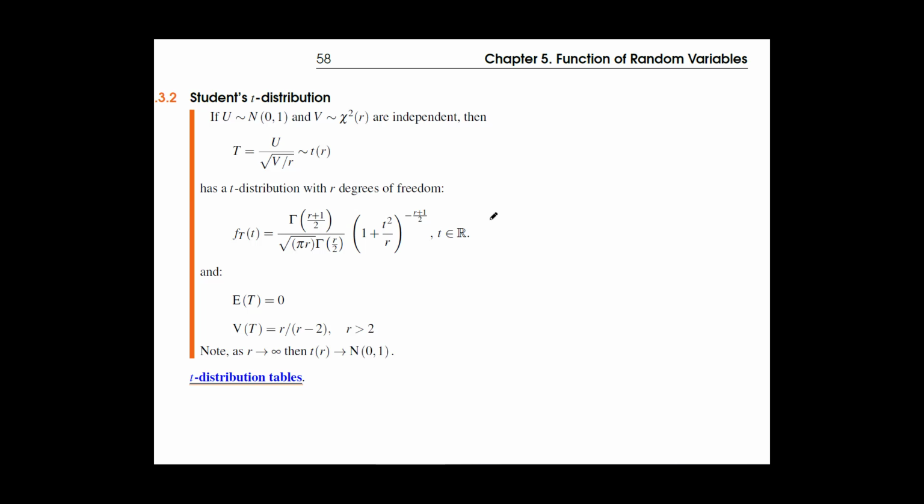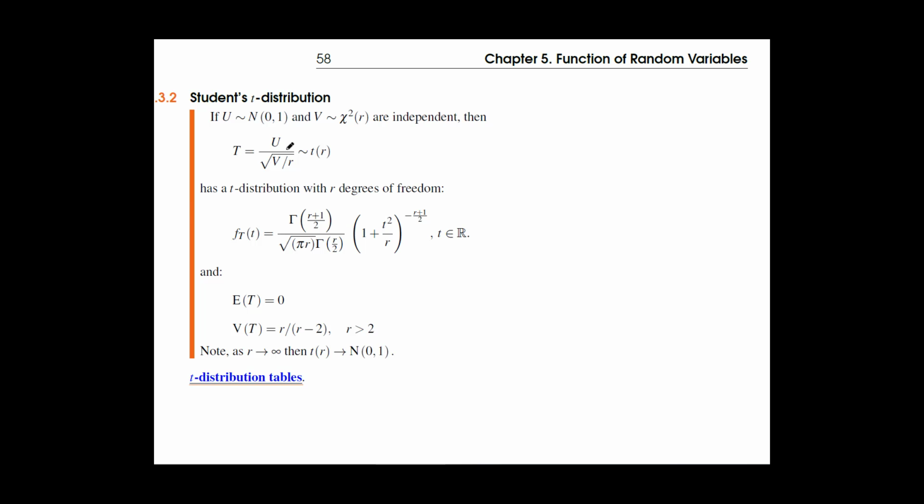Very good. All right, the other distribution we're going to use a lot, probably more than the chi-square, is the student's t distribution. And this appears as the ratio of two random variables. One is a normal 0, 1, again, so u in the numerator. And then in the denominator, we're going to have a chi-square with r degrees of freedom, v, divided by its degrees of freedom, r, and everything in square root. Okay? So that's going to show up a lot in statistics.